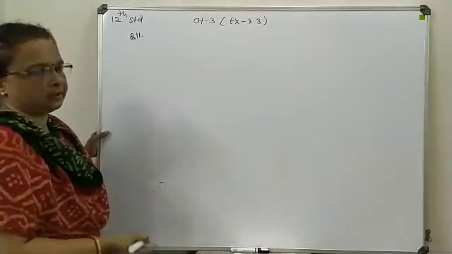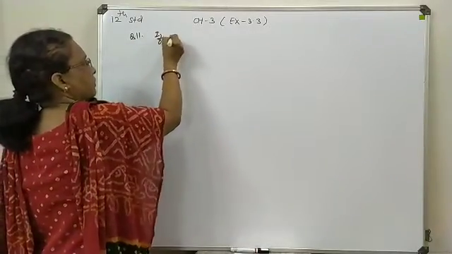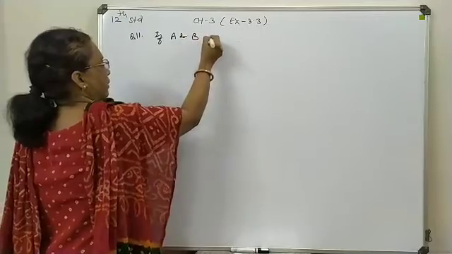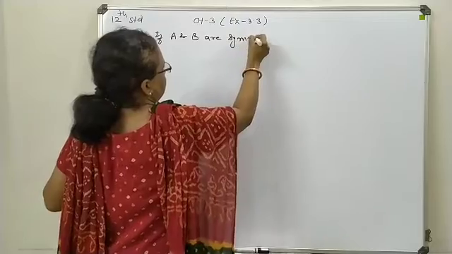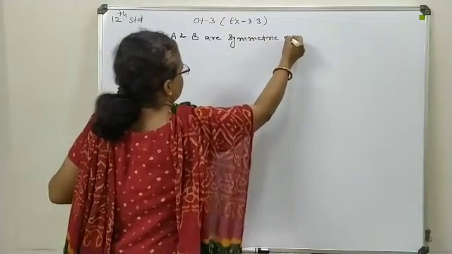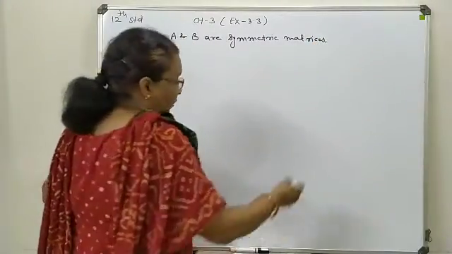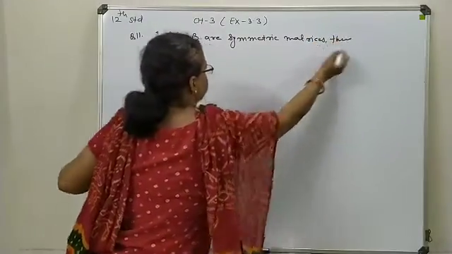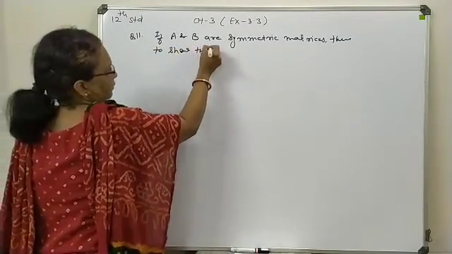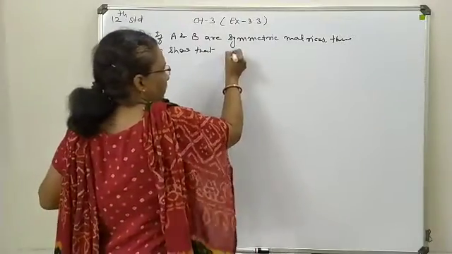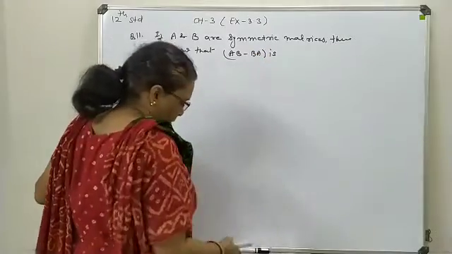If A and B are symmetric matrices, then show that AB minus BA is skew symmetric.